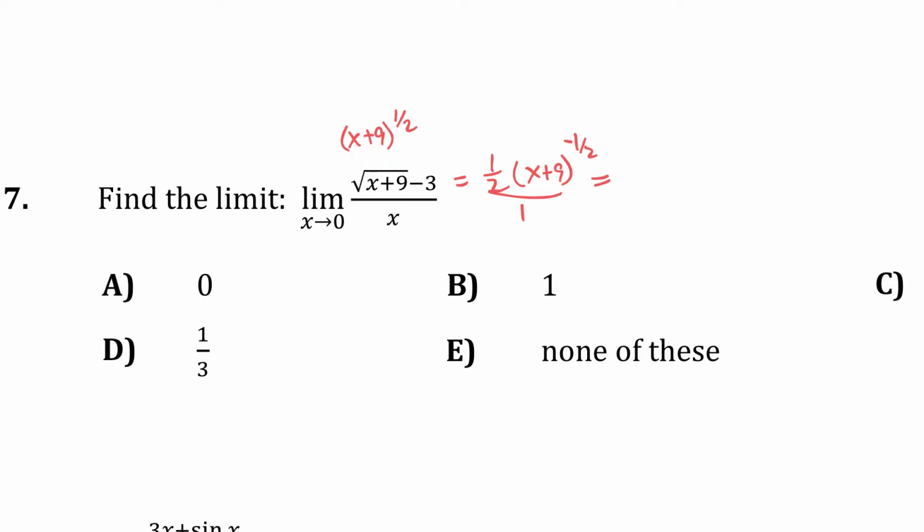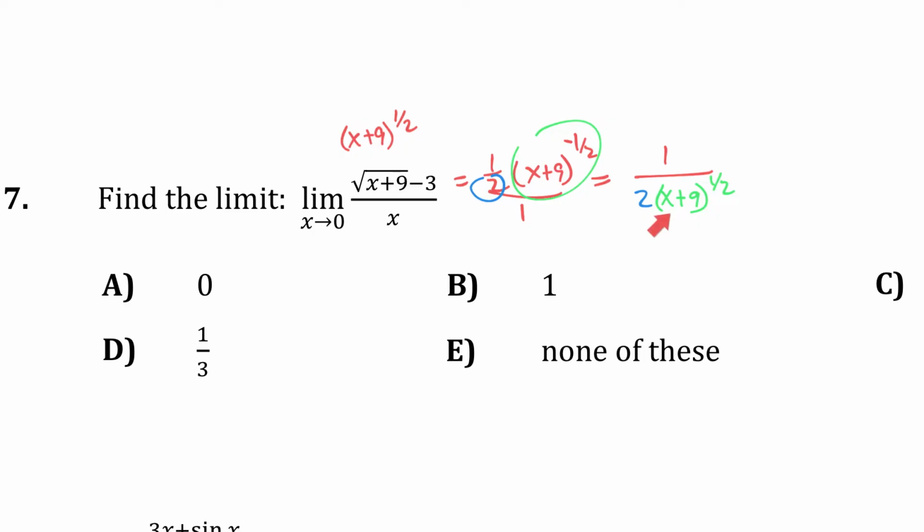Well, that's the same thing as 1 over 2, and the power can go down here, so this can be x plus 9 to the 1/2. Maybe we can tie it all together. What's this going to be as x approaches 0?